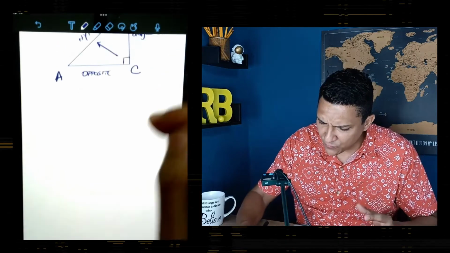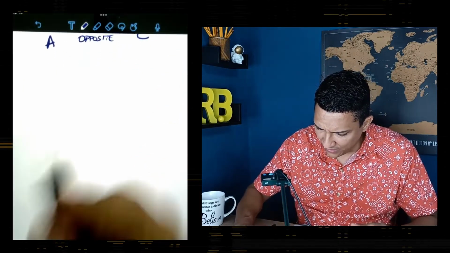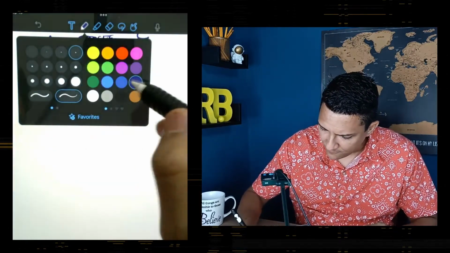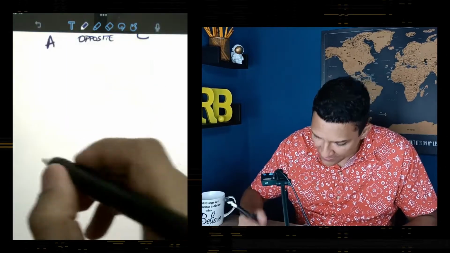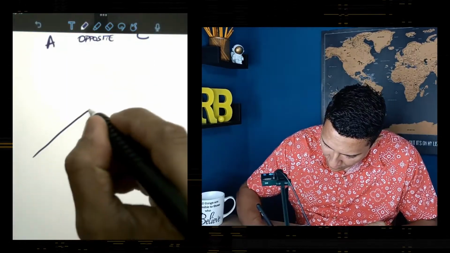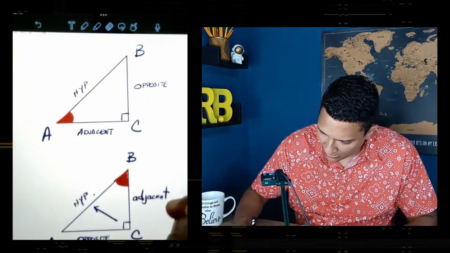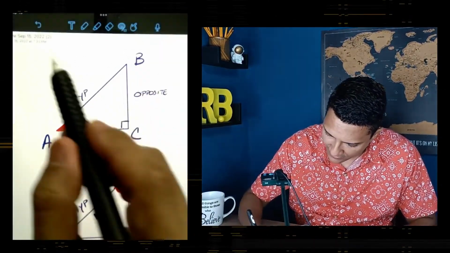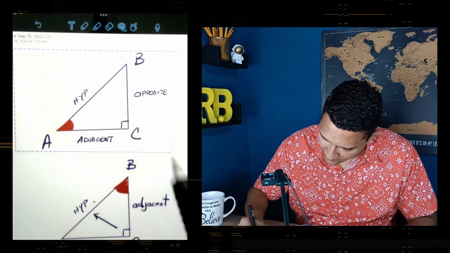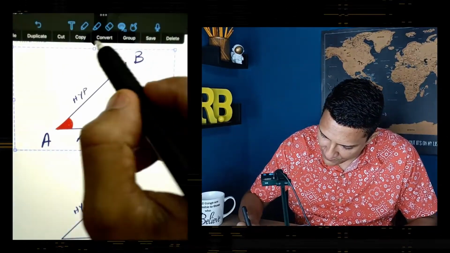So the idea of the trigonometric ratios is the following. Well, the Greeks, when they were communicating, okay, so I'm going to redraw. I'm going to take this one as the triangle that I'm going to work with.